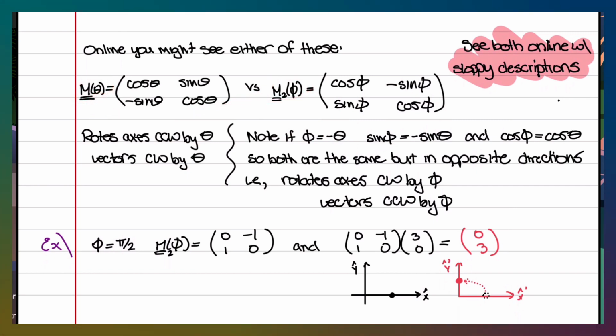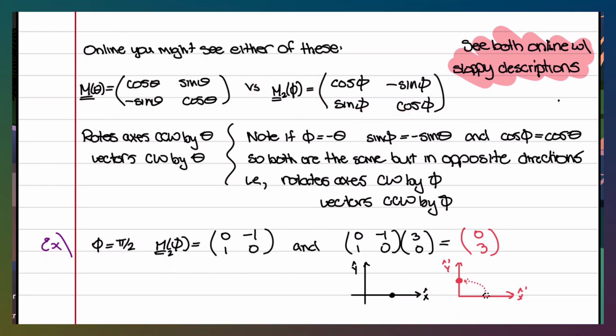So these matrices are saying the exact same thing, only that one of them is going in the opposite direction. This is doing it clockwise rotation or counterclockwise axes. This matrix is just doing the opposite.